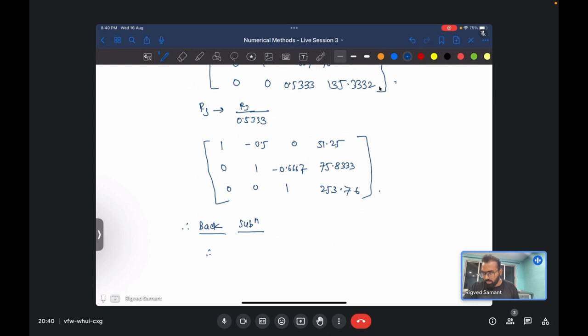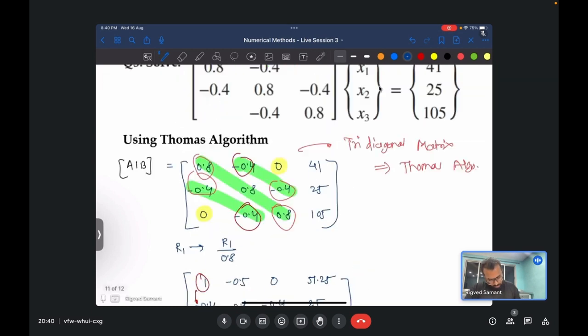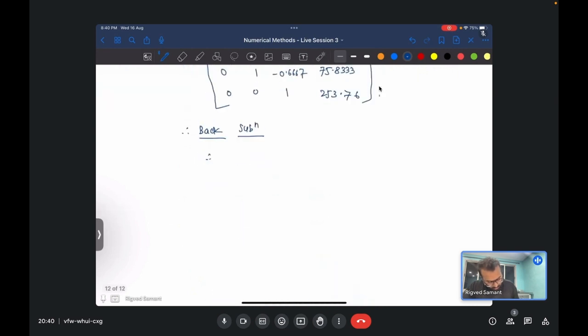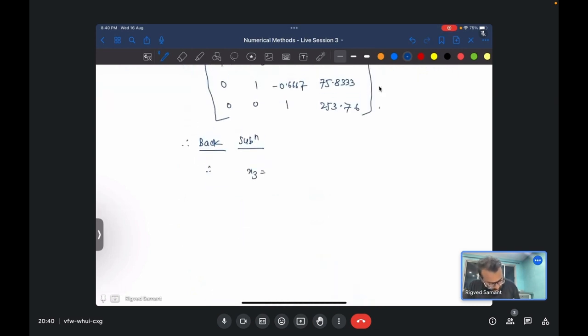So we are talking in terms of X1, X2, X3, right? X3 would be 253.76. X2 would be 75.833 plus 0.667 into 253.76.